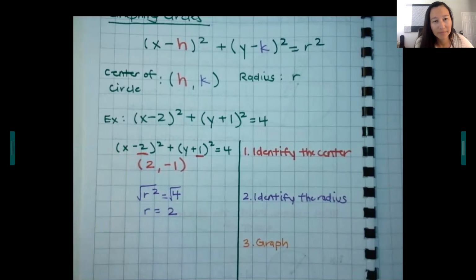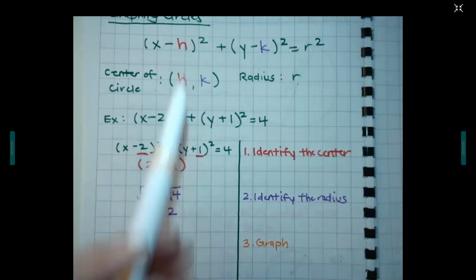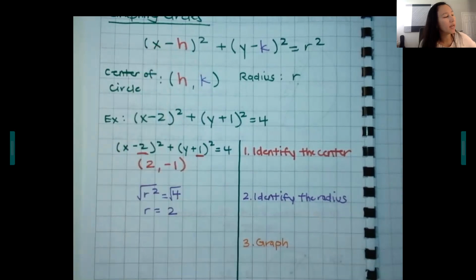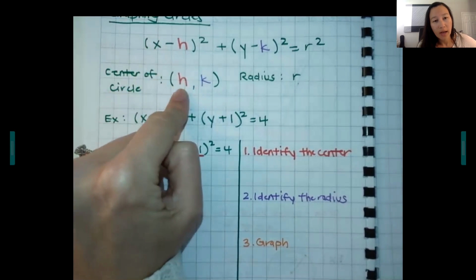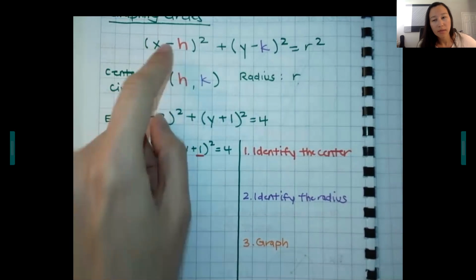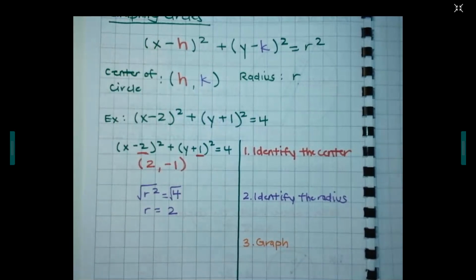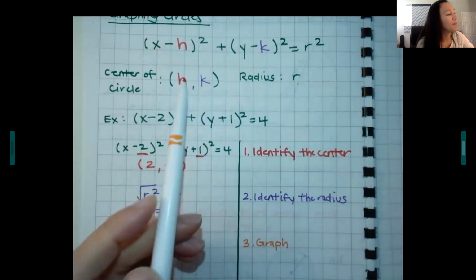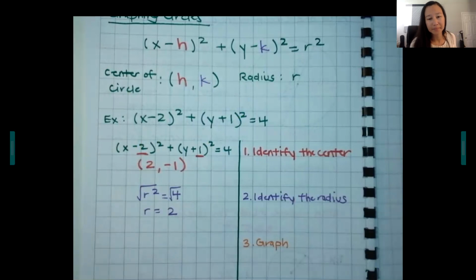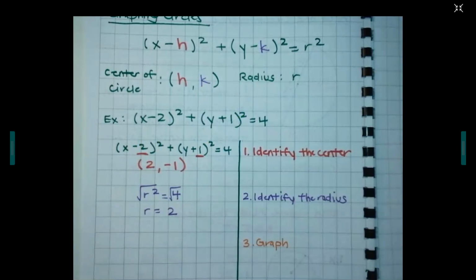Yep. Because it's x minus h, and then the minus k. So that's why. Okay, I just want to make sure. Yep. Good questions.